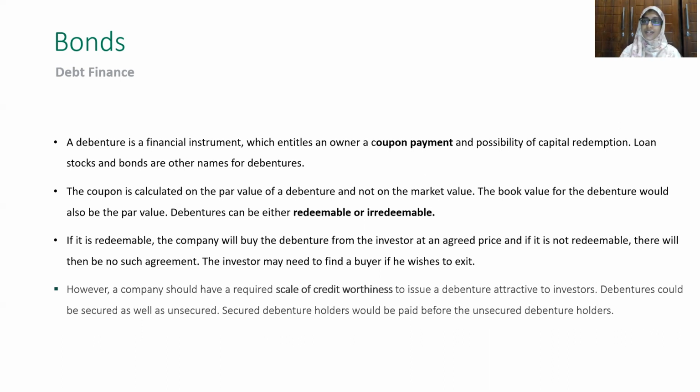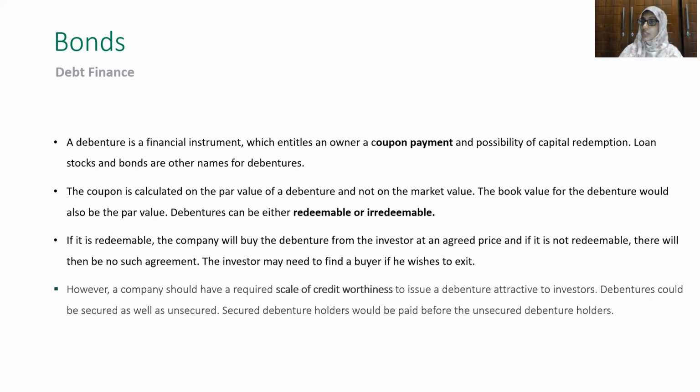So a debenture also would have two things. One, it is not called the interest payment, it is called a coupon, and then there's the capital redemption, and you could also call it loan stock, bonds, and other names. Now let's look at the coupon. The coupon is generally calculated on the par value of the debenture, not its market value.